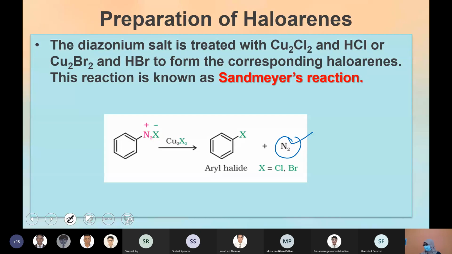But if the question is to explain Sandmeyer's reaction or explain the name reaction, then in that case you can write the full equation step by step, because you're explaining only a particular reaction. But when it's a conversion, it's about just converting one product to the other, maybe in different steps. So there you don't have to worry about the byproduct, because that's not making any difference in the question.